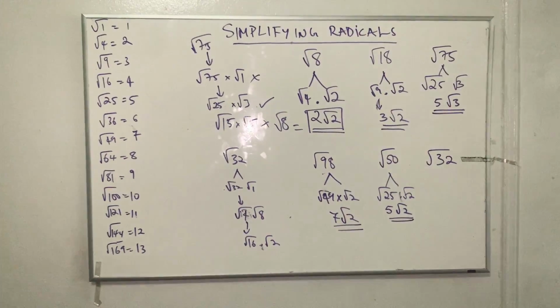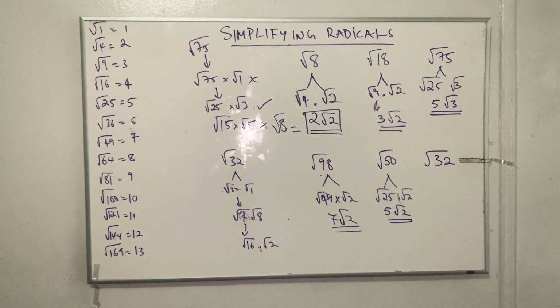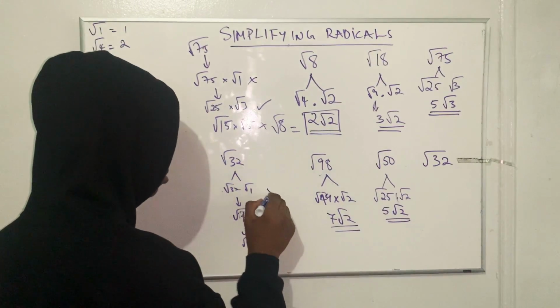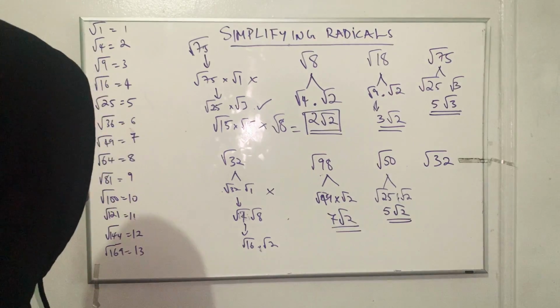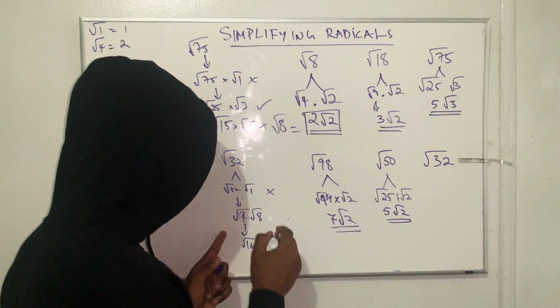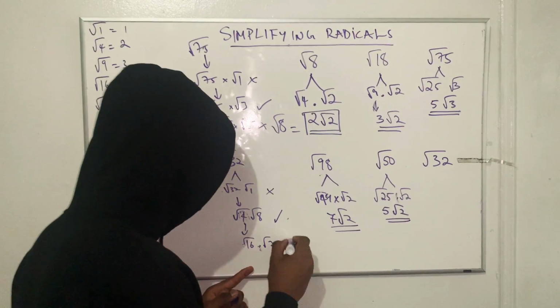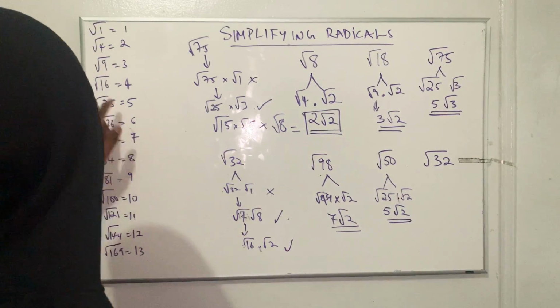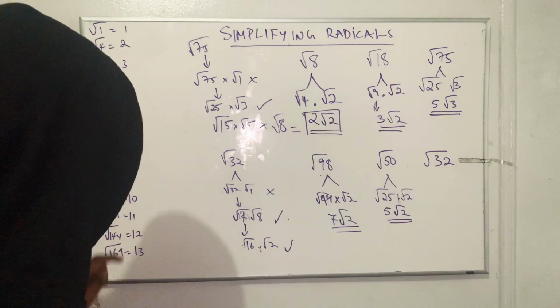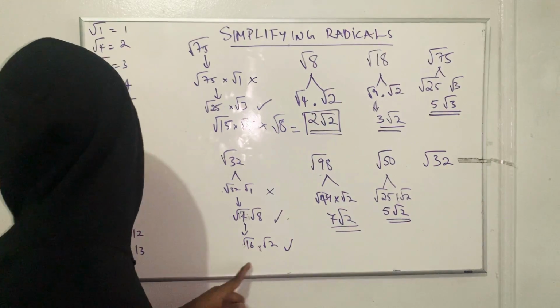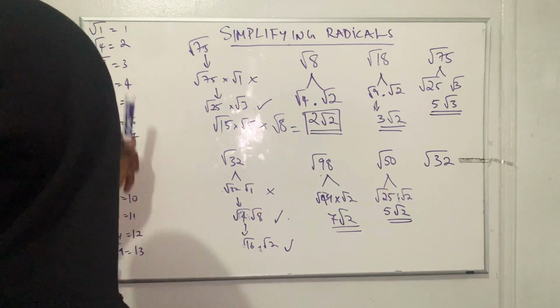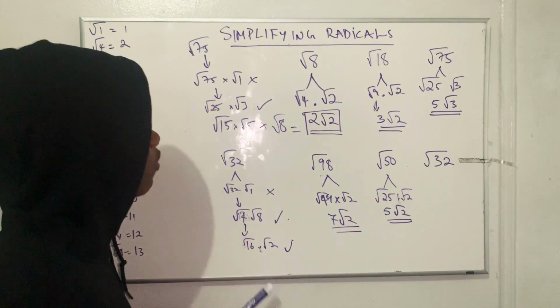So over here, the first one is not a perfect square. We all agree it is not a perfect square. The second one is a perfect square. The third one is also a perfect square, because the square root of 4 is what? 2. And the square root of 16 is also what? 4. So both of them have perfect squares.